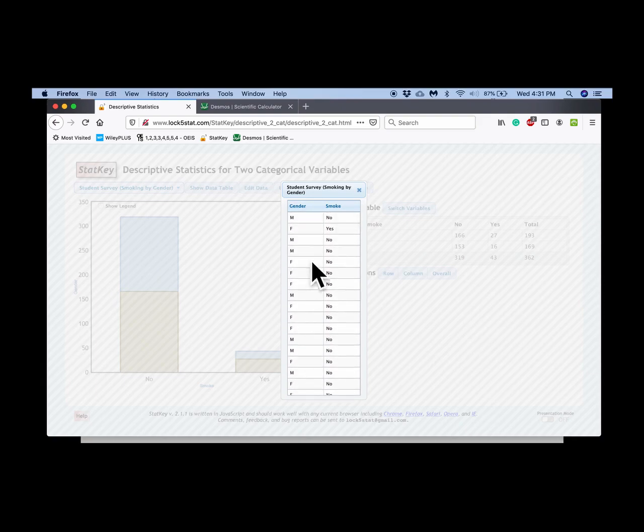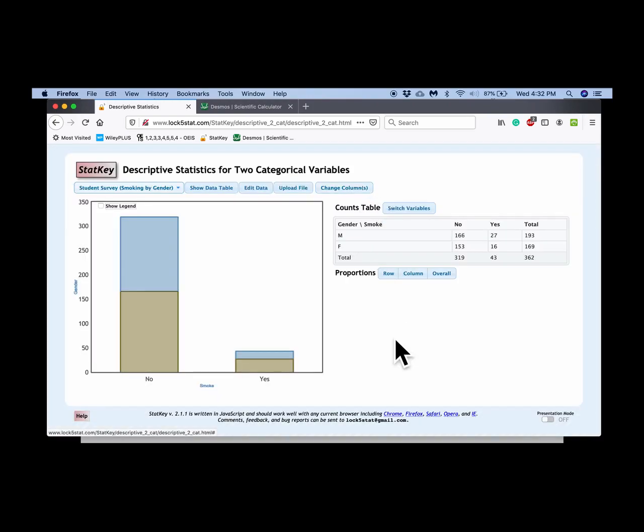Those are our cases. We've got 2 categorical variables of interest: gender, male or female, and smoking, yes or no. For every single student in the survey, we have responses for each of those categorical variables. Now, let's take a look at the kind of information that StatKey presents to us right off the bat.